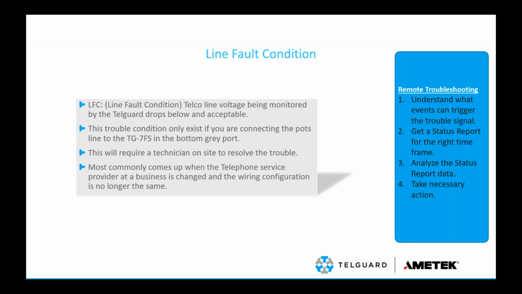So there are multiple causes or multiple things that can create it. If it is happening, there's a couple ways around it. You can change the mode that the unit's configured for if you're not able to get out to the site, or it requires a technician on site to resolve the issue.